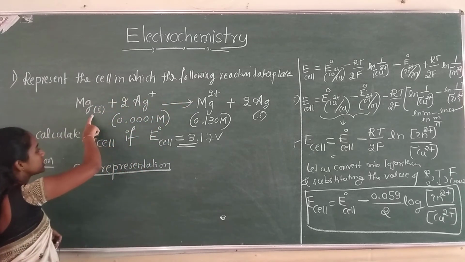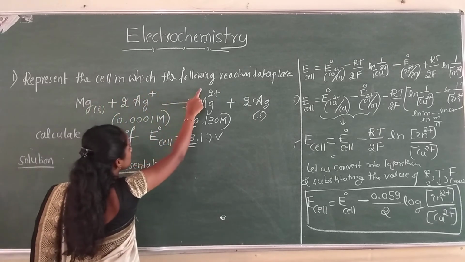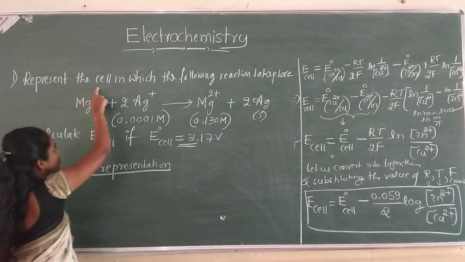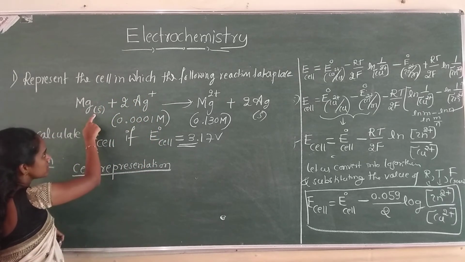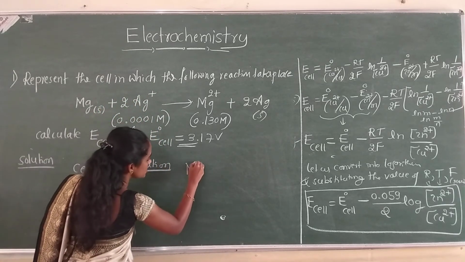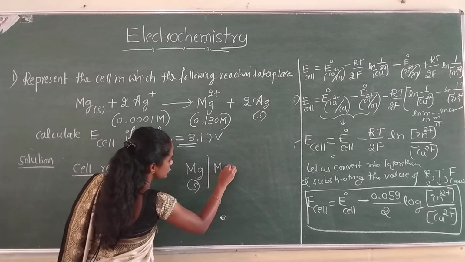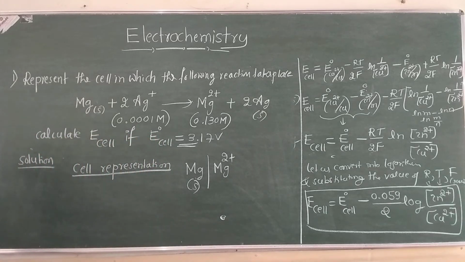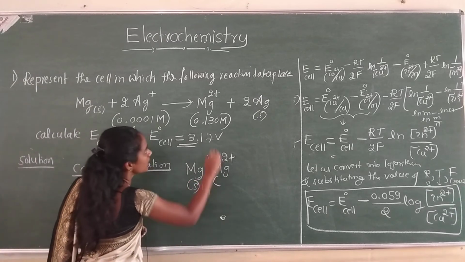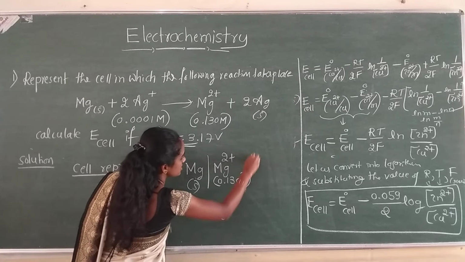Here magnesium to Mg2+ is the anodic reaction, so the anode is written on the left hand side. Initially we should write magnesium at the extreme end. Next is the salt bridge and Mg2+, it is an electrolyte. But here instead of aq, let us write the concentration, it is already given. So like this. Next, the salt bridge.